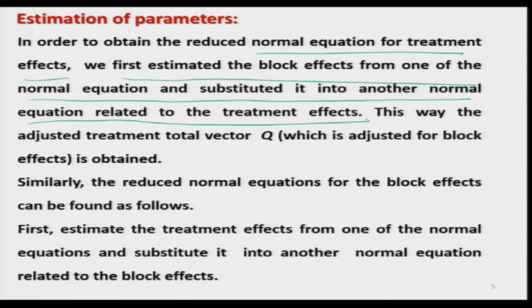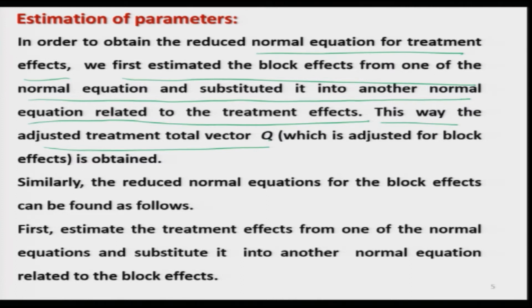Here you have to be a little careful: it is not one normal equation, but a set of normal equations, which I am just calling the normal equation for the sake of simplicity and understanding. So, this way we have obtained the adjusted treatment total vector Q.